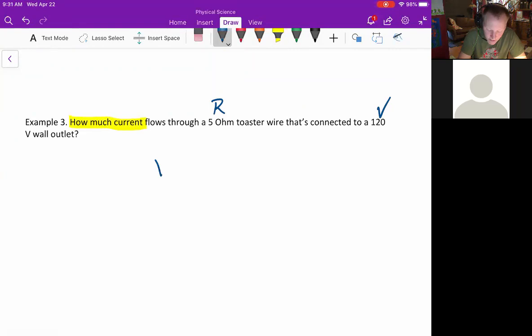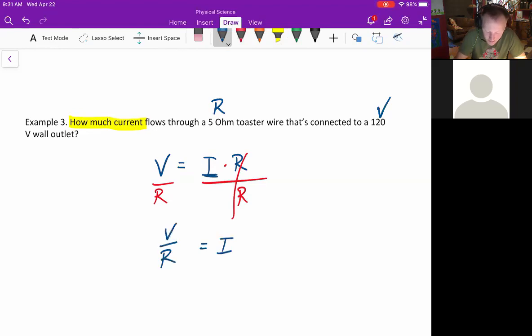So I start with my V equals I times R, Ohm's law. I want to solve for current this time, which is the I, so I've got to get rid of that R. Since it's I times R, I have to divide both sides by R. These cancel, leaving just I on the right-hand side and V divided by R on the left.